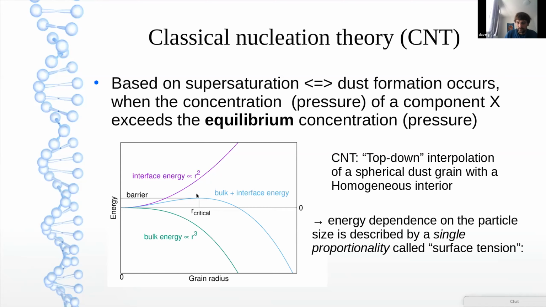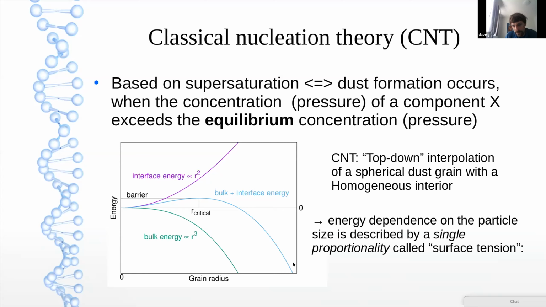And this single proportionality, called surface tension, you can describe in terms of particle size as a dependence on the cluster size n to the -1/3.